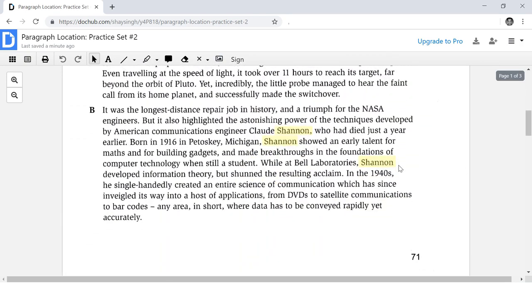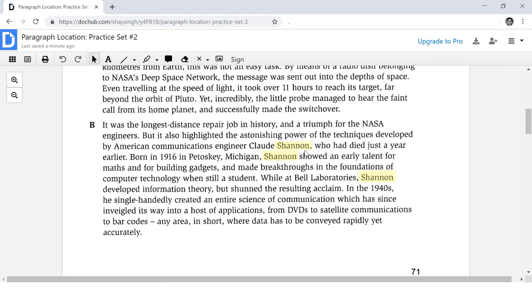So I am going to start from over here since this is where the keyword first appears. Okay, there you go. So here we have the keyword acclaim. Acclaim means to praise or to recognize someone's accomplishments. So this is talking about fame. This is a synonym for fame.